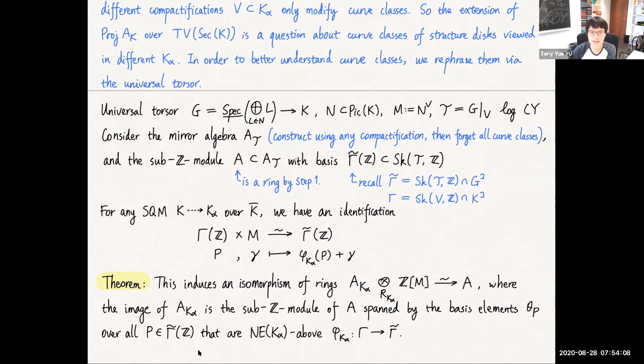So the theorem says that by considering the mirror algebra associated to the universal torsor and forgetting all curve classes, we can actually recover all curve classes of the mirror algebra associated to K alpha.